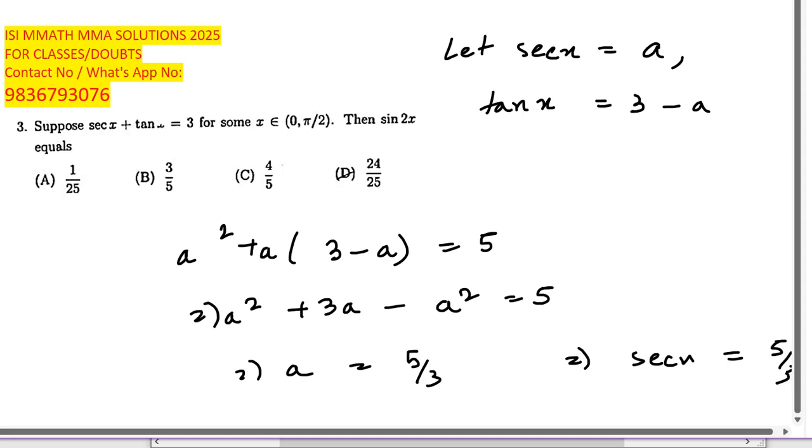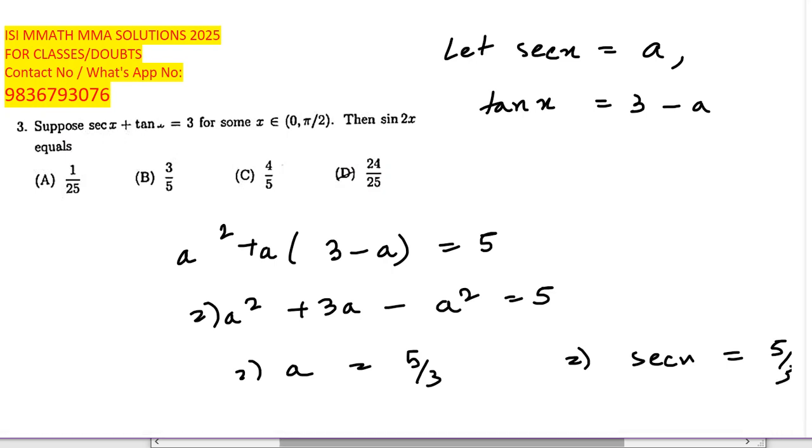Then cos x will be 1 by sec x, so that is 1 by 5 by 3, or 3 by 5.